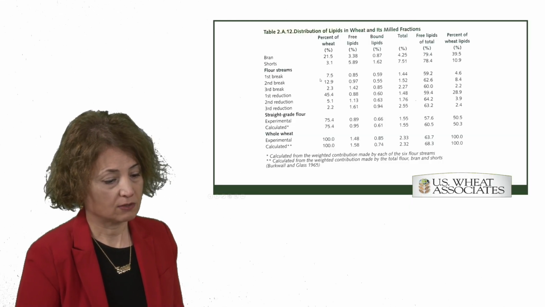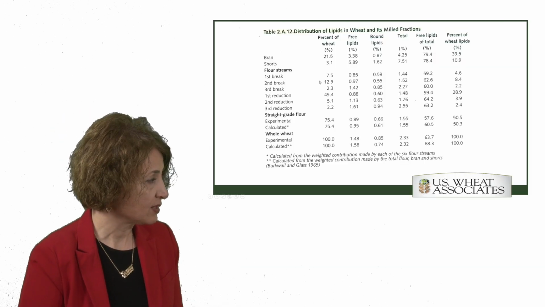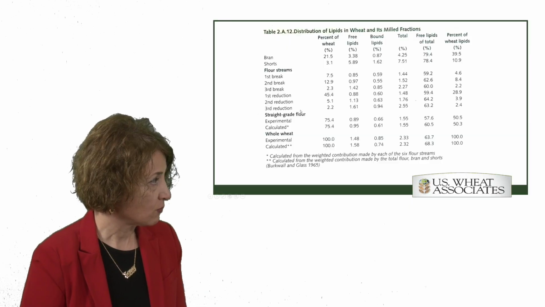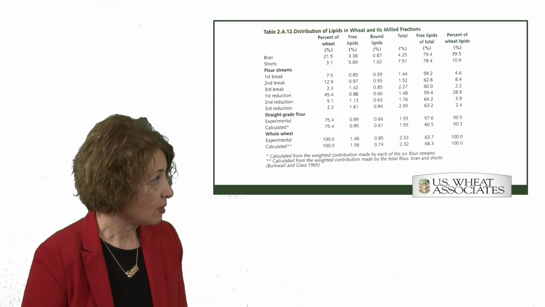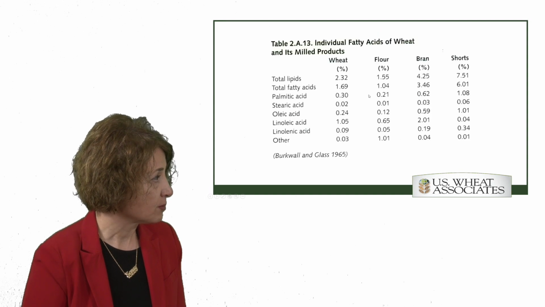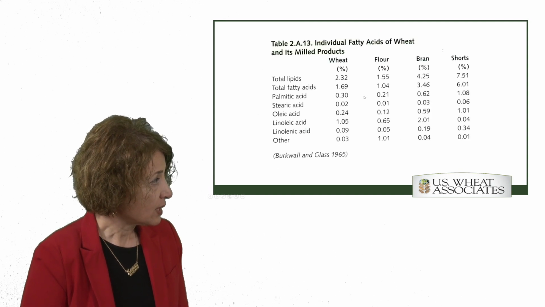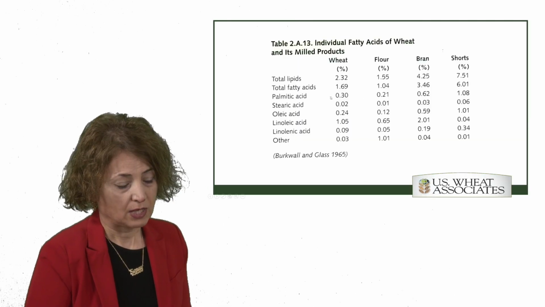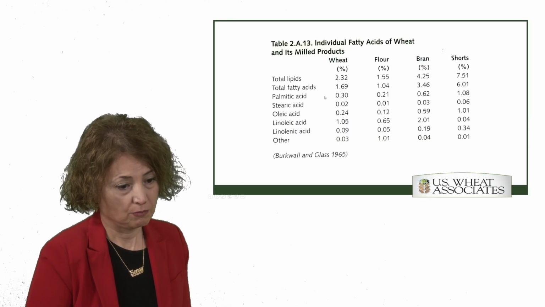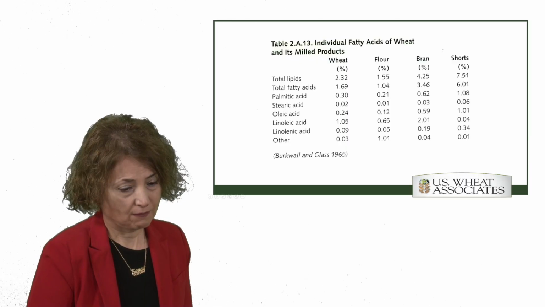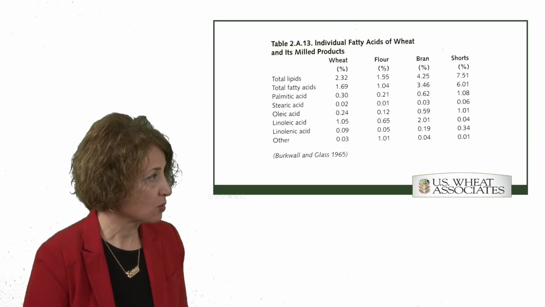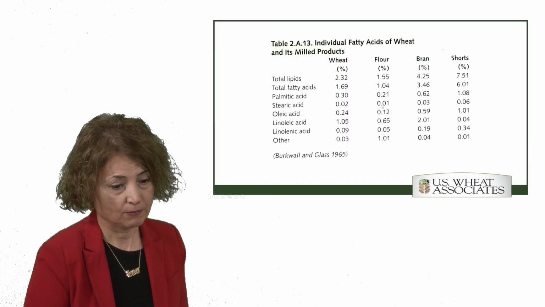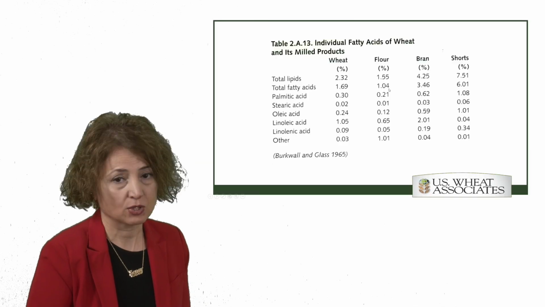I guess this chart is from the 1960s, so we don't have a separate location for germ, but we see the first reduction, and again we see a higher ratio of free lipids. If you look at individual fatty acids in the milled products, let's put the emphasis on flour, which is the flour we generate from the endosperm and the one with the widest range of applications.